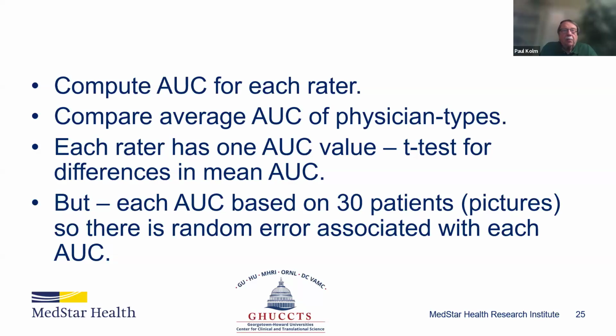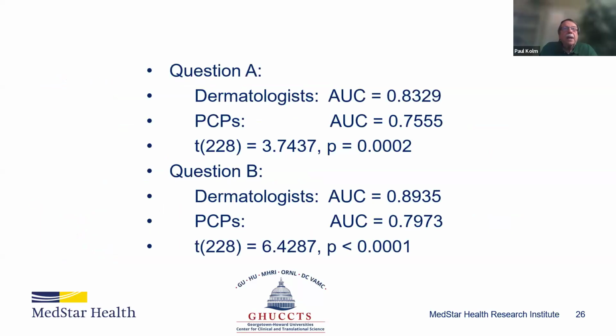So there's going to be a random error associated with each AUC. But if we just do the simple t-test, we can see that there's a statistically significant difference between dermatologists and PCPs on both questions, with the dermatologists doing better than the primary care physicians.